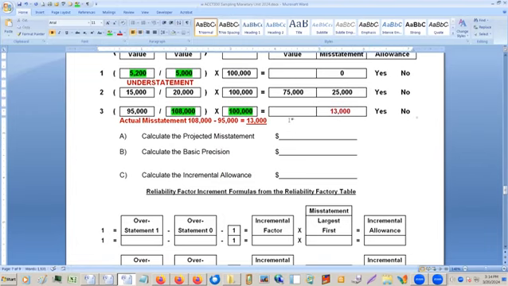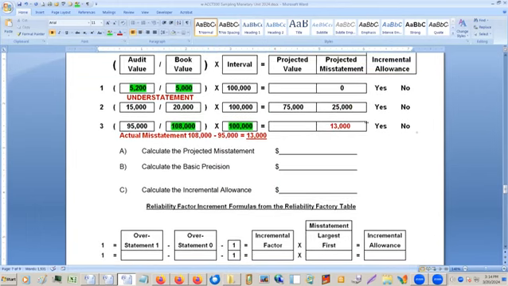Now, the wackiness for this one is not over because we have this incremental allowance. Just to refresh your memory, incremental allowance means there's something else that could go wrong in that interval. If you find an error, that means there could be more errors in that interval.